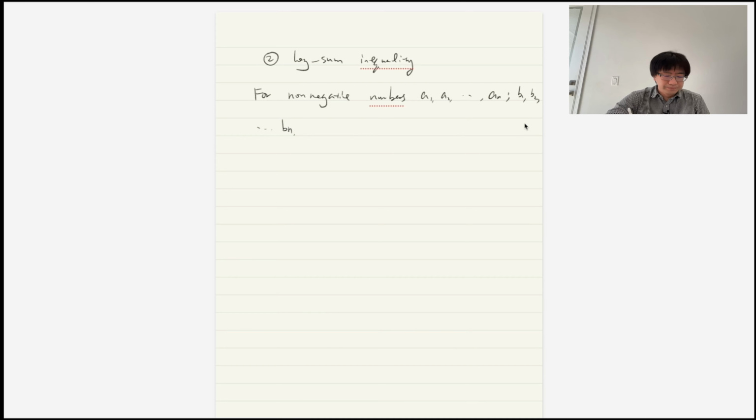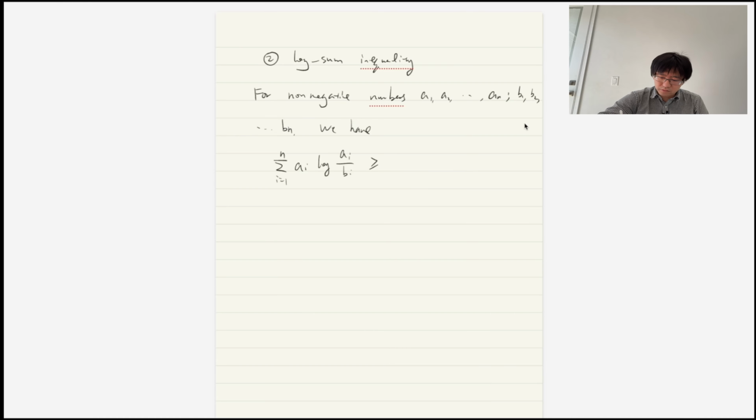And then based on this, we have the following. It's kind of weird. So let's see what's the meaning of that exactly. If we sum from 1 to n, we have ai times log ai over bi. Okay, so this guy is bigger than or equal to this guy.